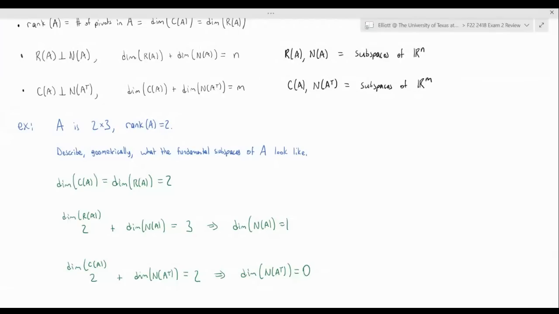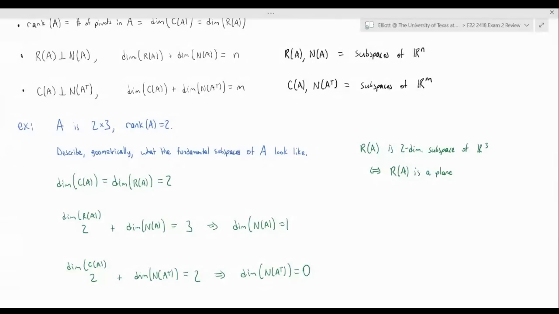Being a two-dimensional subspace, that means that the row space of A is going to be a plane. So it's a plane in R3, and because it's a subspace, it has to contain the 0 vector.